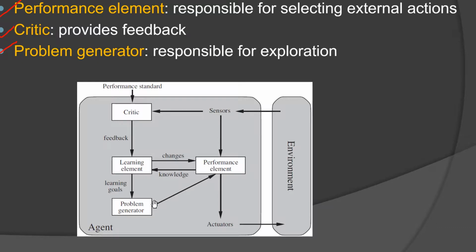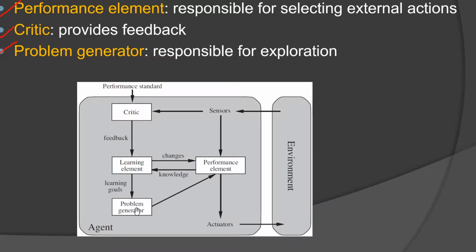Now the problem generator is there. The problem generator is responsible for exploration. When we don't have this problem generator, the performance element will keep performing the same actions. It is not learning, not trying new things.